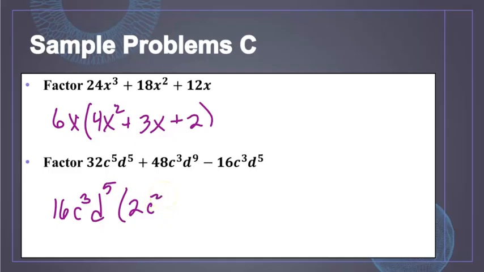And then I have my d to the 5th. Plus 48 divided by 16 is 3. I have the c cubed. D to the 9th divided by d to the 5th would be d to the 4th. Minus, the greatest common factor is the last term, so that would be minus 1. So that is our lesson on factoring using the greatest common factor.